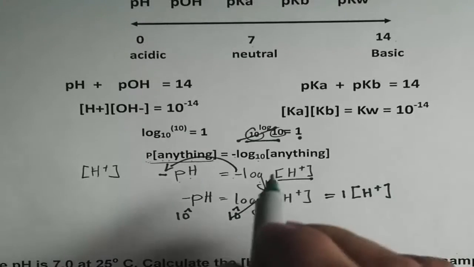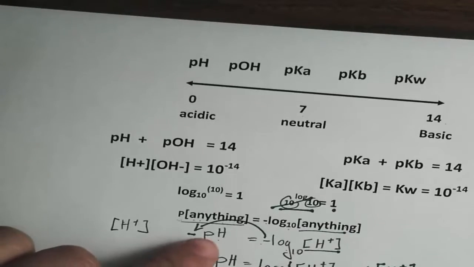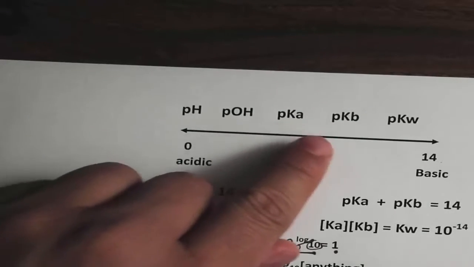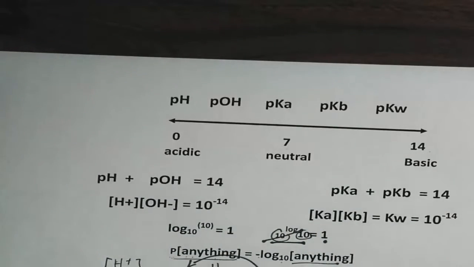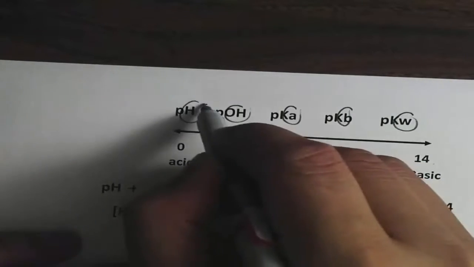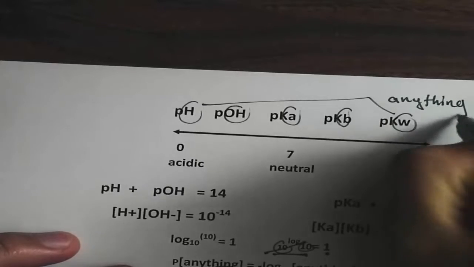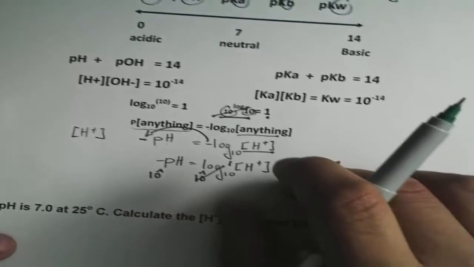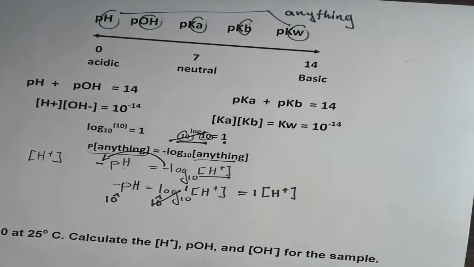But now let's use it in terms of anything, because we're not only dealing with pH, we're also dealing with pOH, pKa, pKb, and pKw. All this right here can be generically represented in terms of anything, so any of these will be applicable here. So let's rewrite this in terms of something that we can apply to all of these.